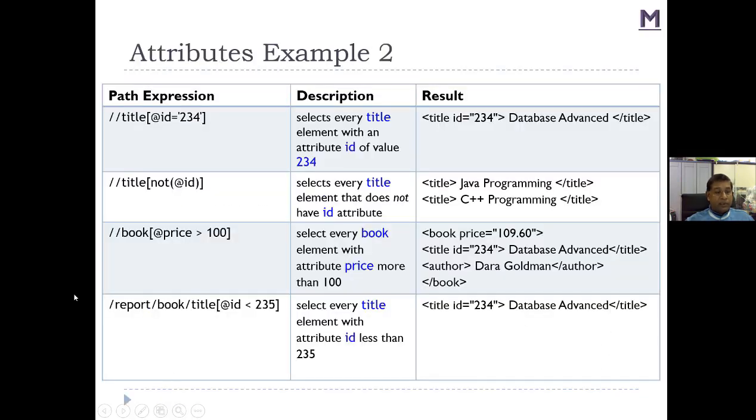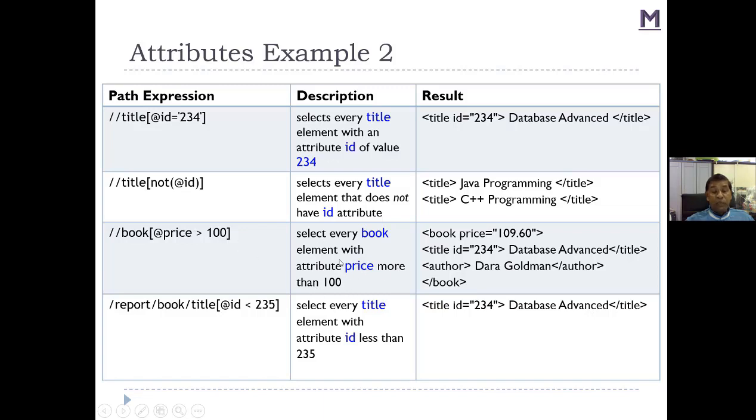Okay, next in the path expression, look at this path expression. We use /book[@price>100]. That means we can put the condition here, greater than 100. What it will do, it will select every book element with attribute price more than 100.